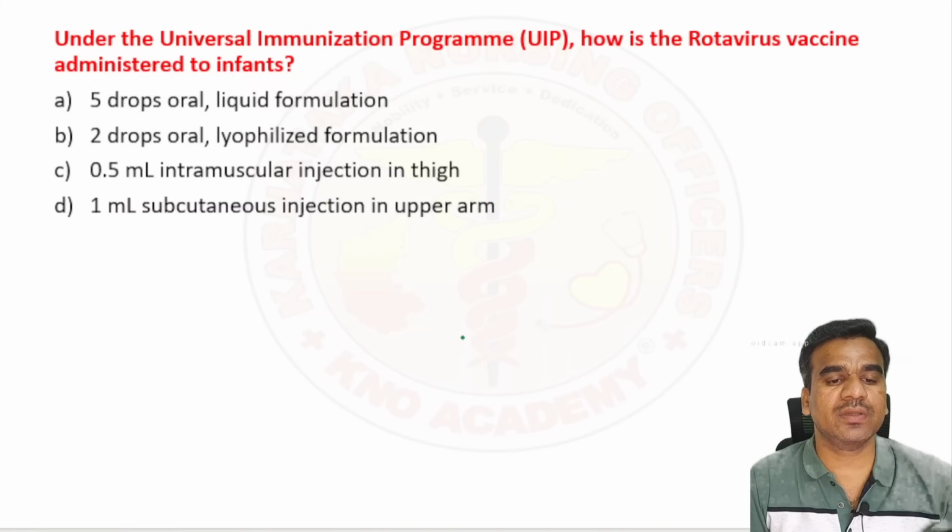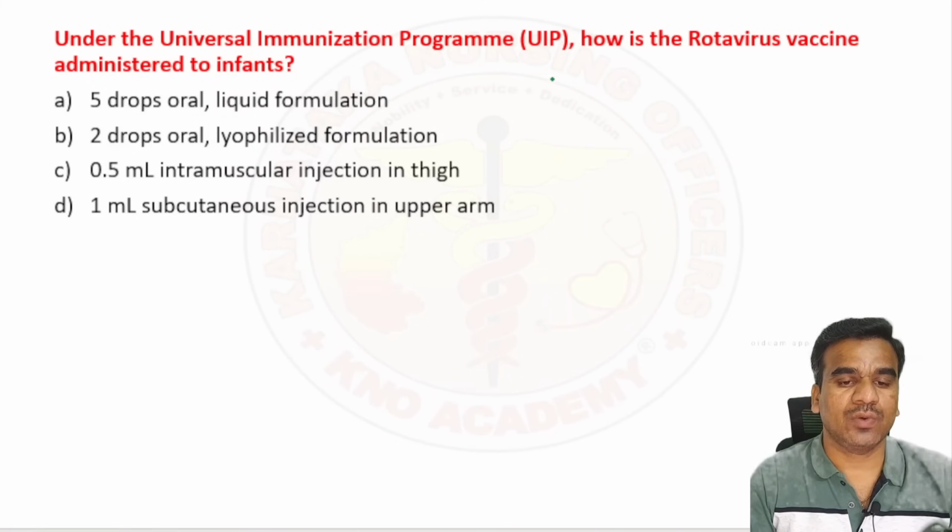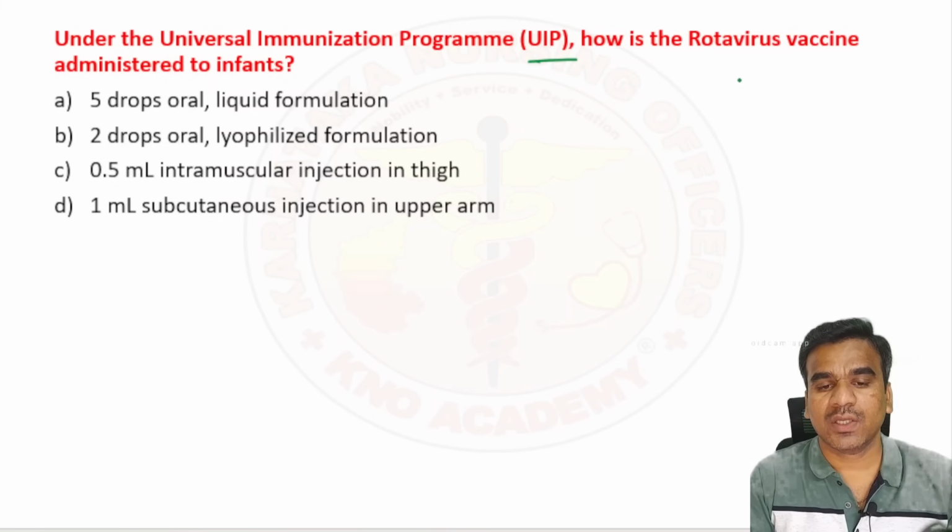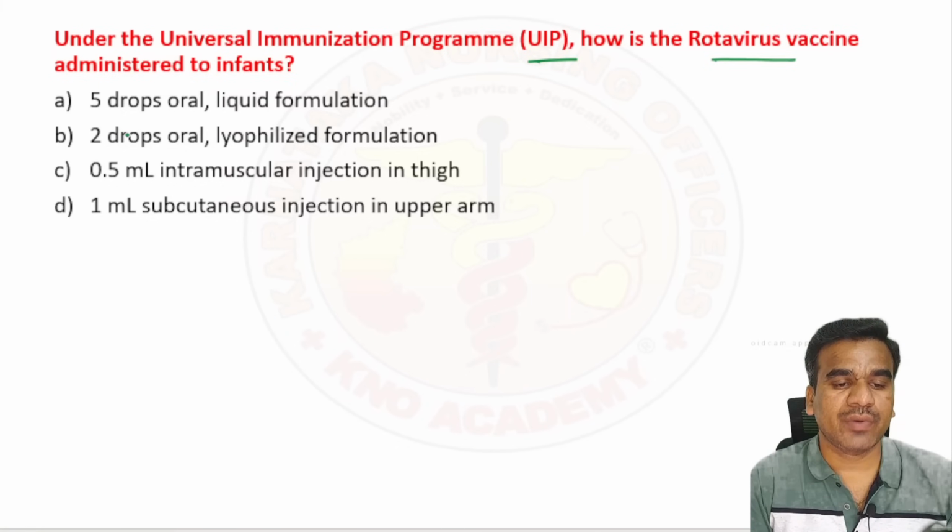Under the Universal Immunization Program, UIP, how is the rotavirus vaccine administered to infants? Option A, 5 drops oral liquid formulation; 2 drops oral lyophilized formulation; 0.5 ml intramuscular injection in the thigh; and 1 ml subcutaneous injection in the upper arm.